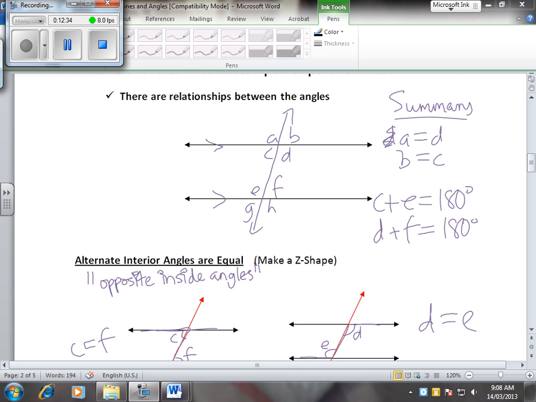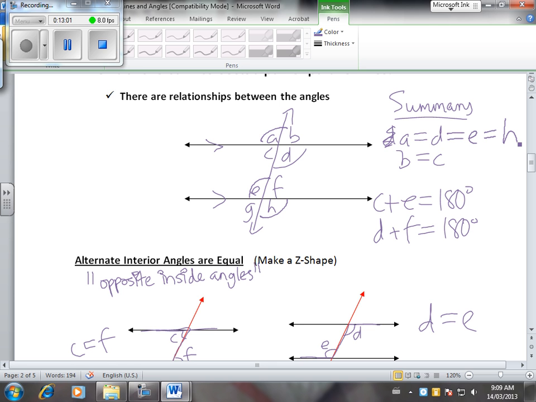We know that because D and E are alternate interior angles, they equal each other. So that means E also equals A. And then E and H are vertical angles, so they equal each other.